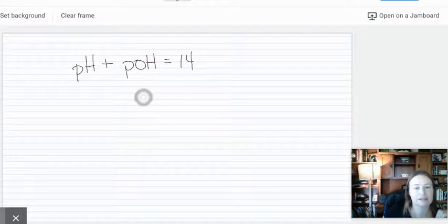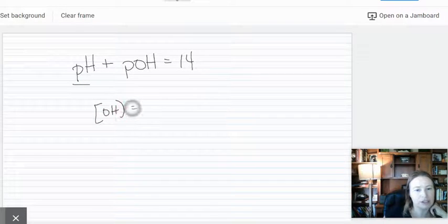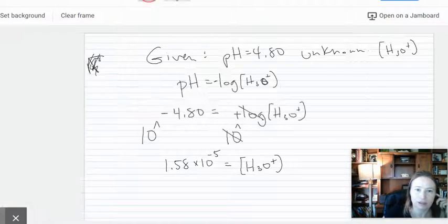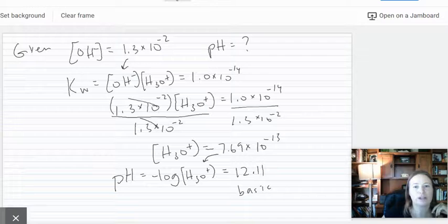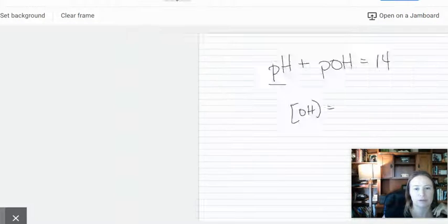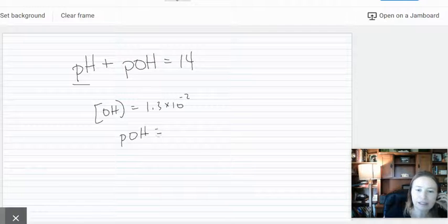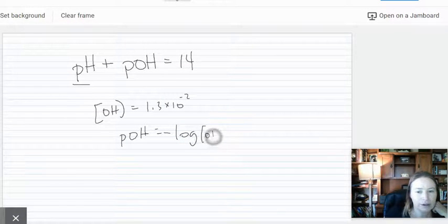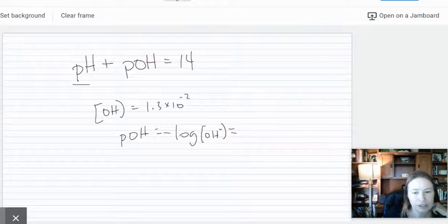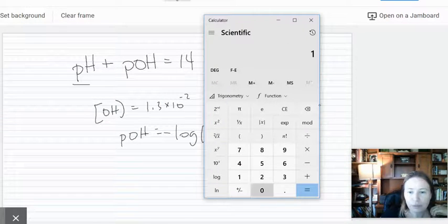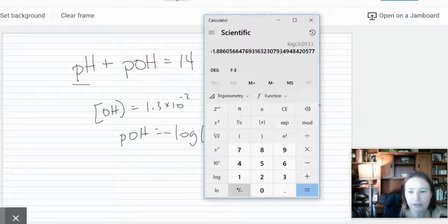If we had this knowledge before, and remember it wanted us to find pH, so it told me the OH concentration. The OH concentration was 1.3 times 10 to the negative 2. If OH is 1.3 times 10 to the negative 2, and I find the pOH by taking the negative log of that OH, I'm going to clear, 1.3 exponent negative 2 and take the negative log of that.